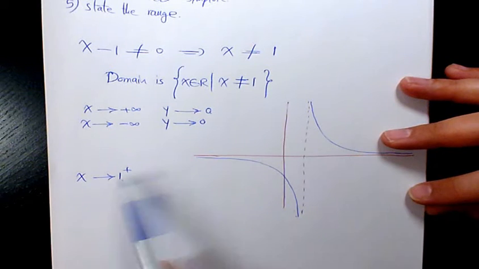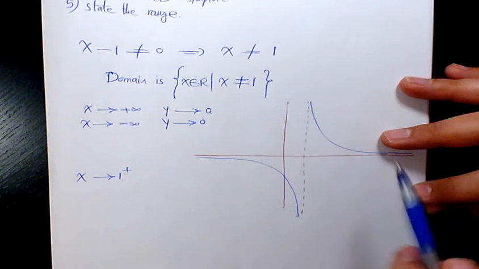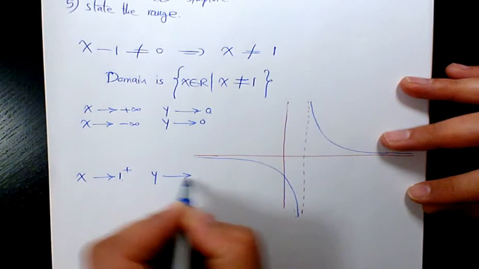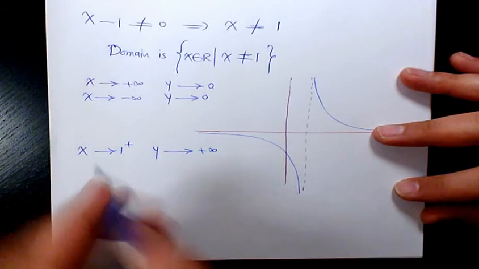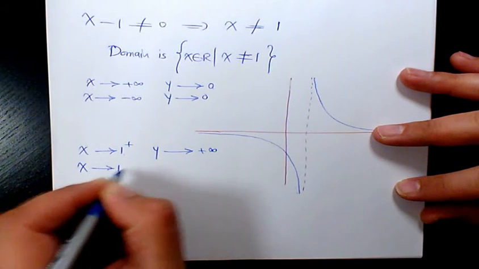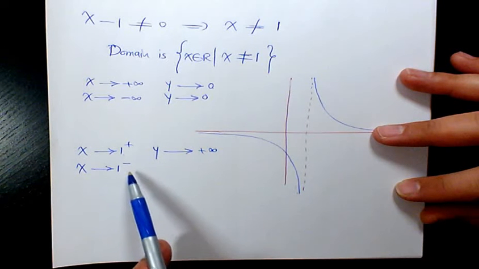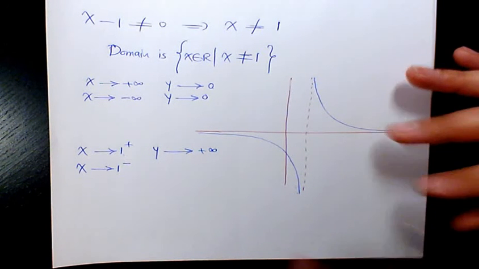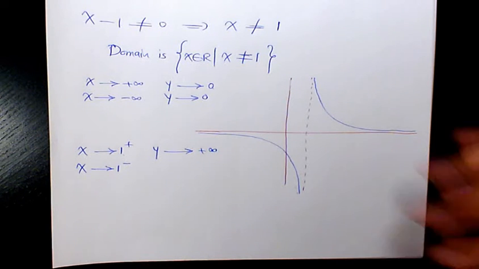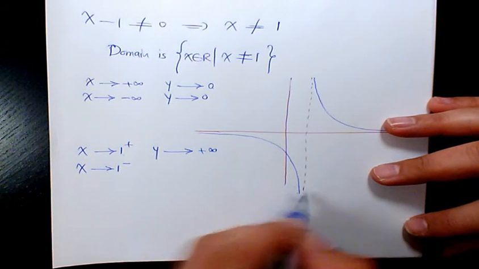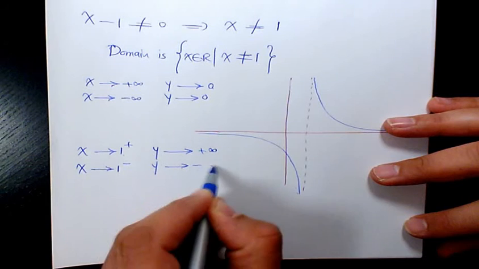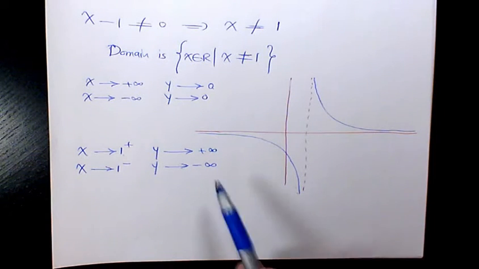So when x approaches 1 from the right hand side, y approaches positive infinity. And once x approaches 1 from the left hand side, it doesn't mean negative values. It means something a little bit smaller than positive 1. Then y approaches negative infinity. So that's the behavior around the vertical asymptote.